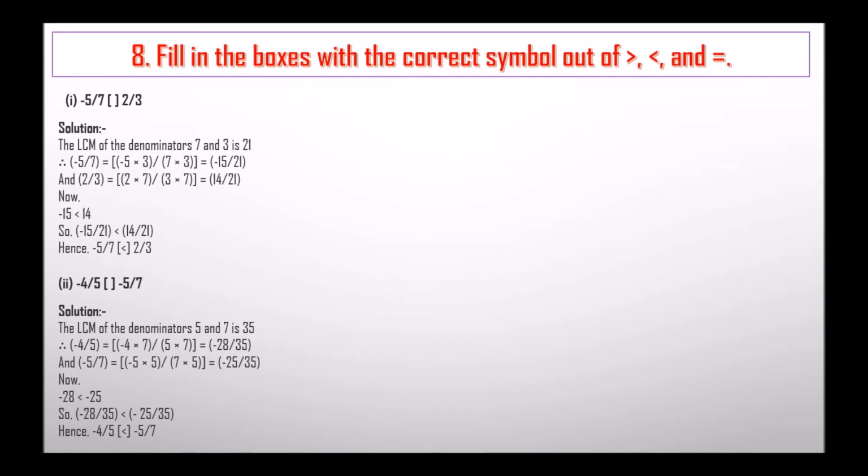Therefore minus 5 upon 7 equals minus 5 into 3 upon 7 into 3 equals minus 15 upon 21. And 2 upon 3 equals 2 into 7 upon 3 into 7 equals 14 upon 21. Now minus 15 is greater than 14. So minus 15 upon 21 is greater than 14 upon 21.